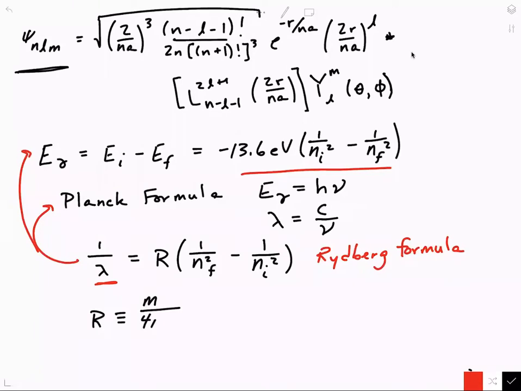It's related to the constant 4 pi. It's related to the speed of light, h bar to the third, our elementary charge, again, another 4 pi, epsilon 0, so our permittivity of free space.